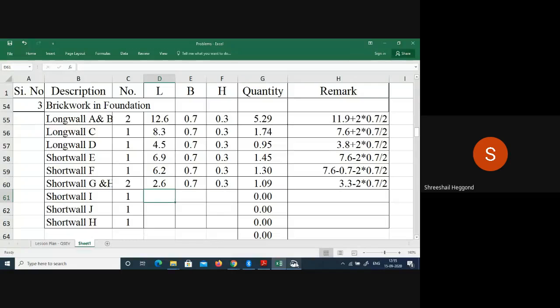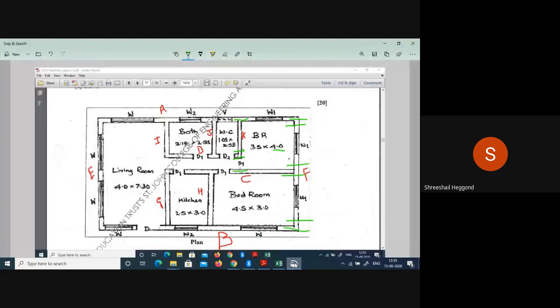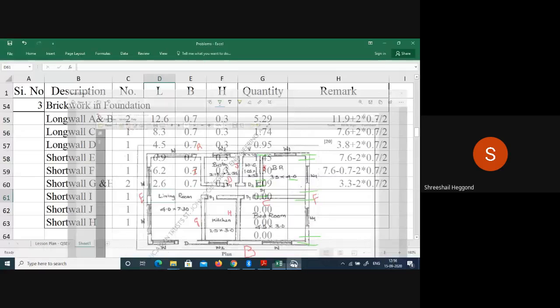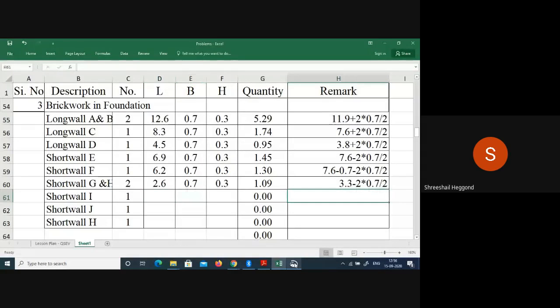And I wall is the short wall for the bathroom. 3.25 center to center. 3.25 minus 2 into 0.7 divided by 2. That can be written as deduction, 2.55, 0.7, 0.3.